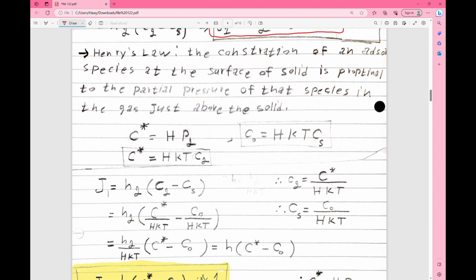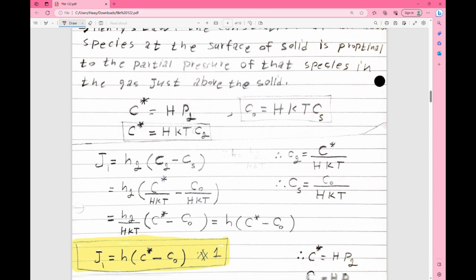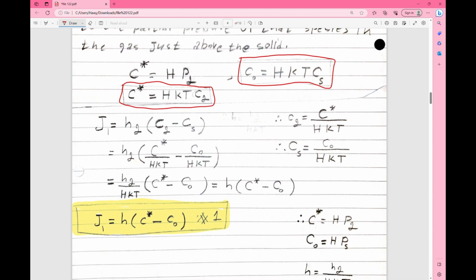Then we use Henry's law. We will use both of these equations and put them inside G1, solving for Cj and solving for Cs.